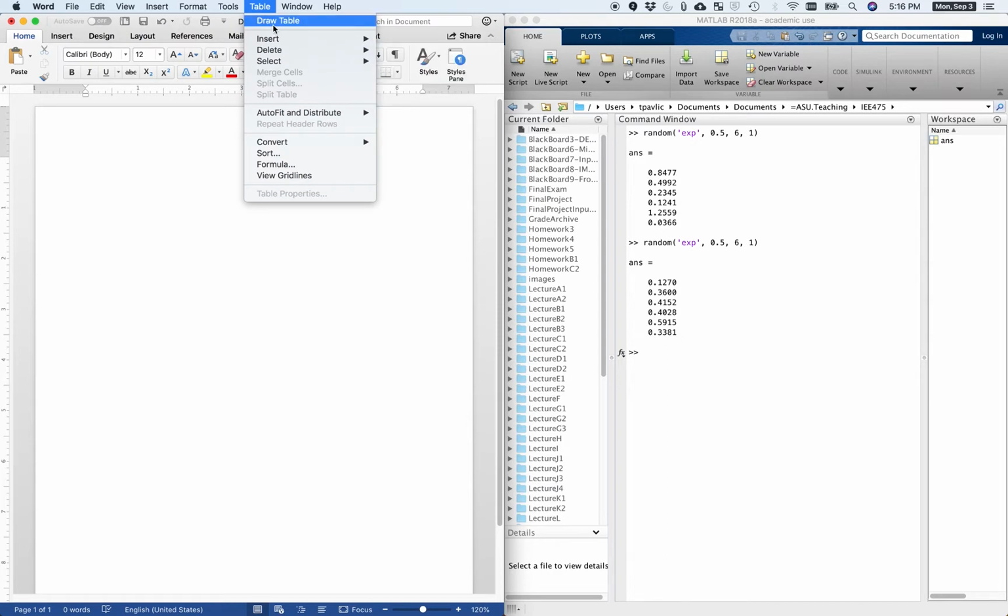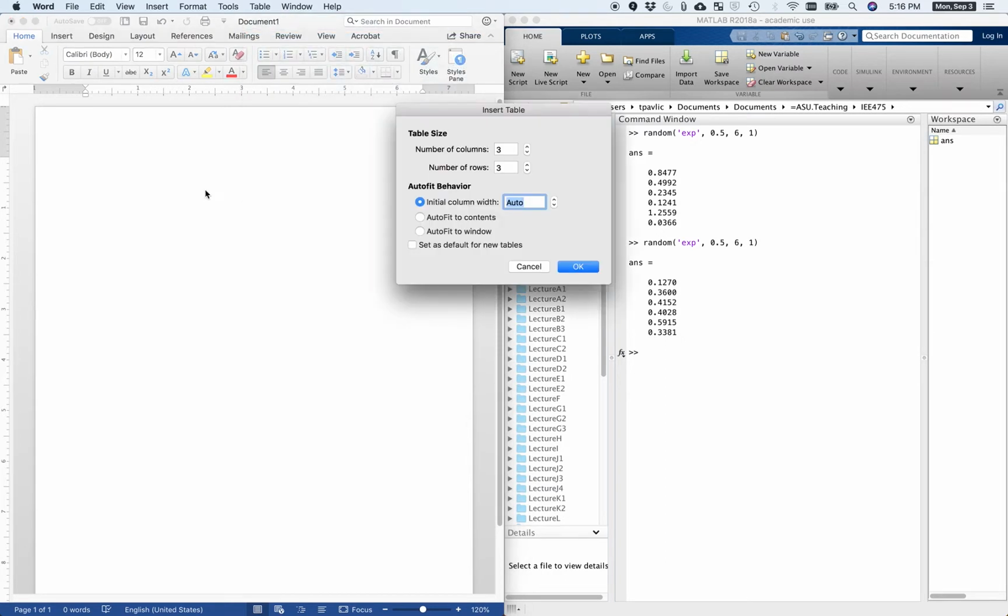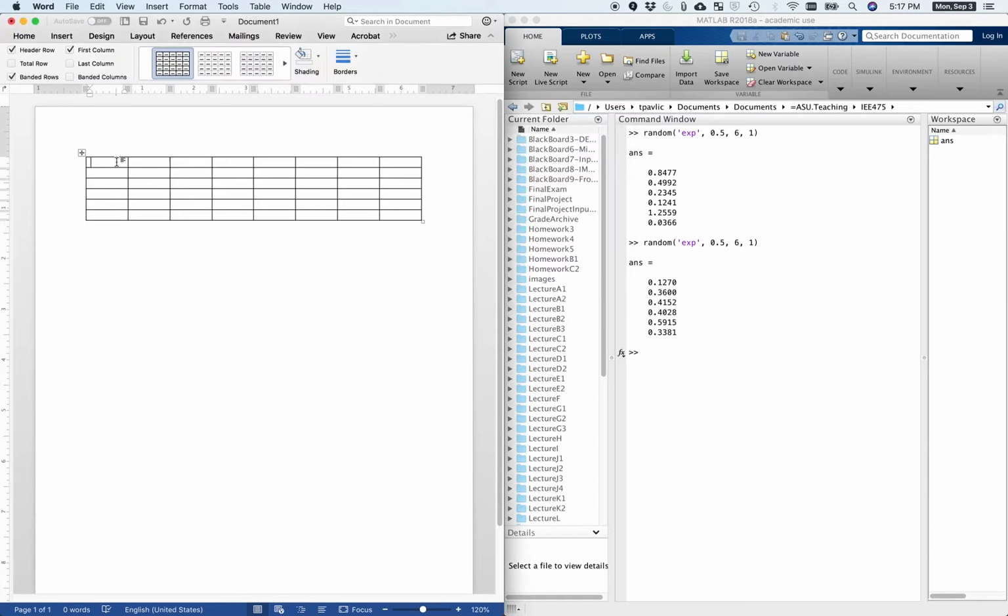I want to insert a table, and since I've drawn 6 numbers, I want it to have 8 columns, adding a column on the left and the right, and 6 rows. The 8 columns are just the number of data plus 2. So insert that table.